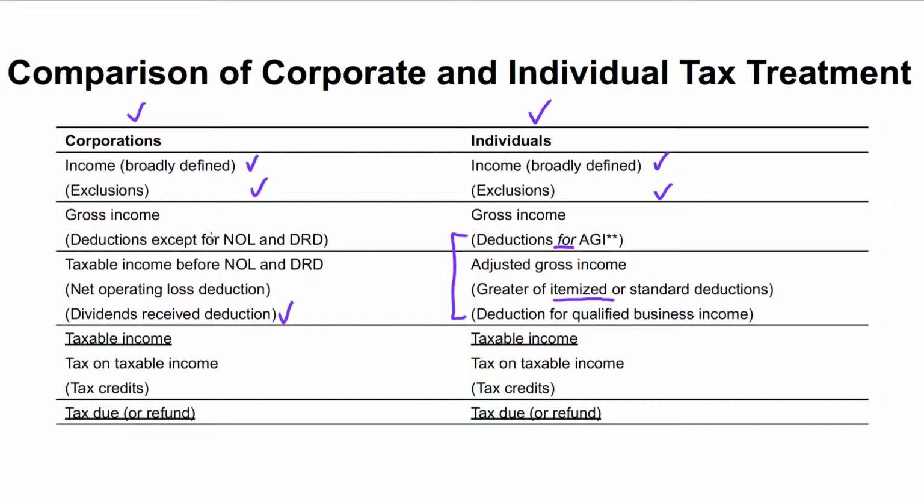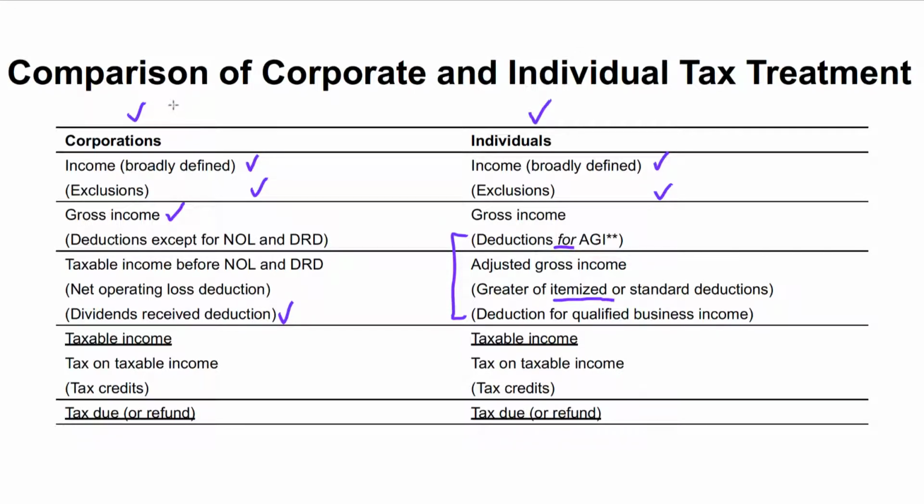Notice again, as I mentioned, that for corporations, there's no difference. If you have a deduction, it just reduces income. So we have gross income, and then those deductions will reduce gross income. Now, we might have those deductions at different places on the Form 1120.